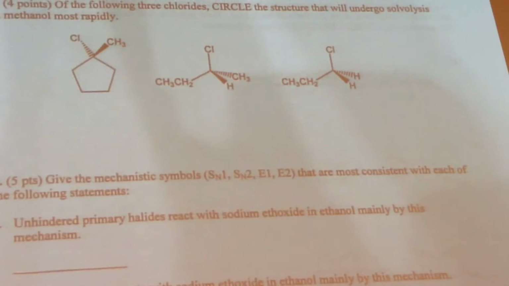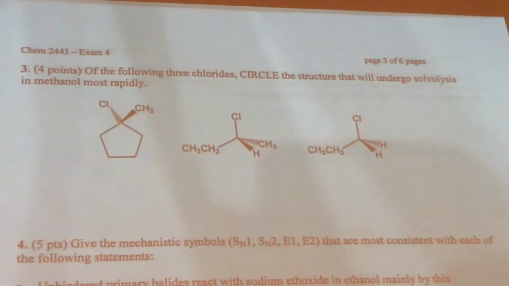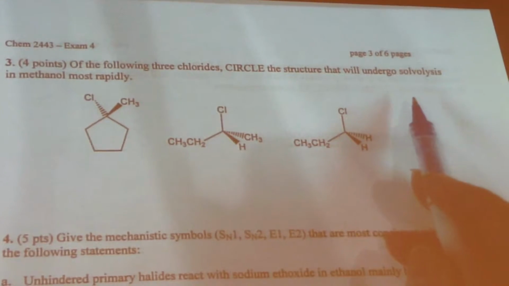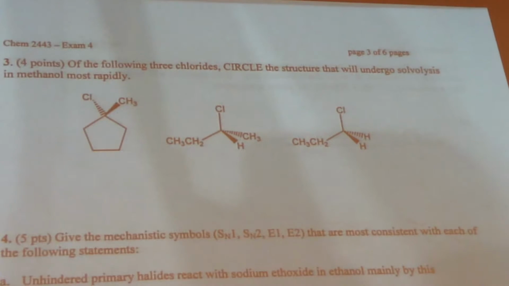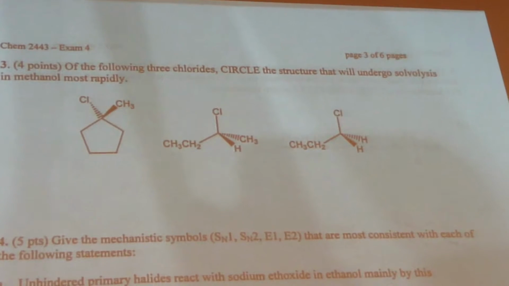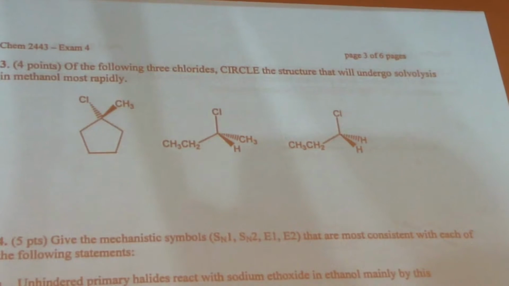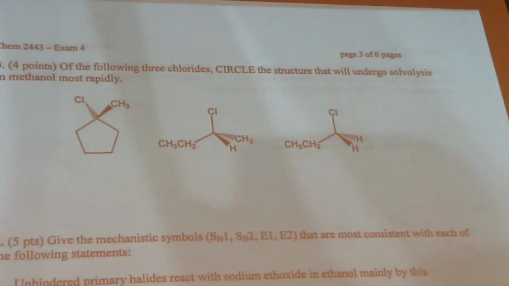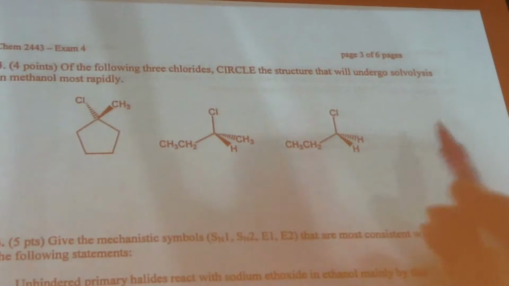Okay, question 3 asks you, of the following 3 chlorides, to identify the structure that will undergo solvolysis in methanol most rapidly. The term solvolysis means that the reaction is occurring with the solvent. And typically solvolysis reactions involve, in most cases, not in all cases, an SN1 process.